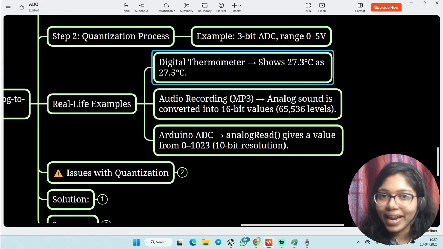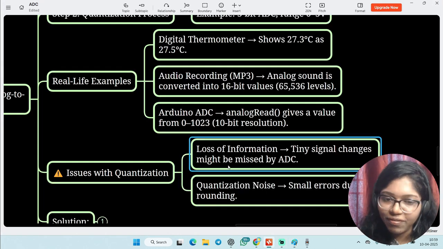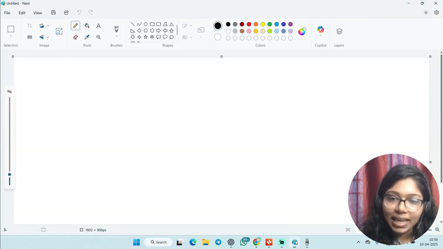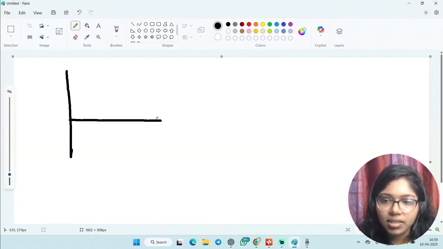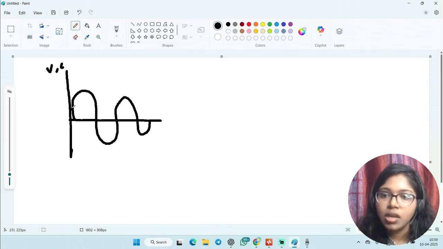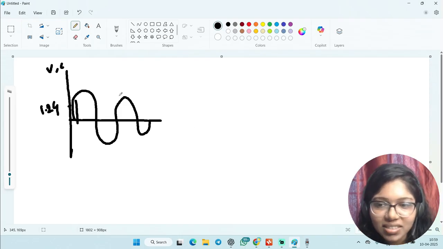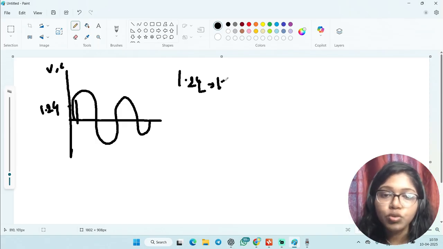So what issues may you face while doing that? You may lose information and lose data. This is my analog signal. Just consider this is my voltage or current or whatever the value is. The sampled value which I got is 1.24, but it is rounded off from 1.24 to 1.25.